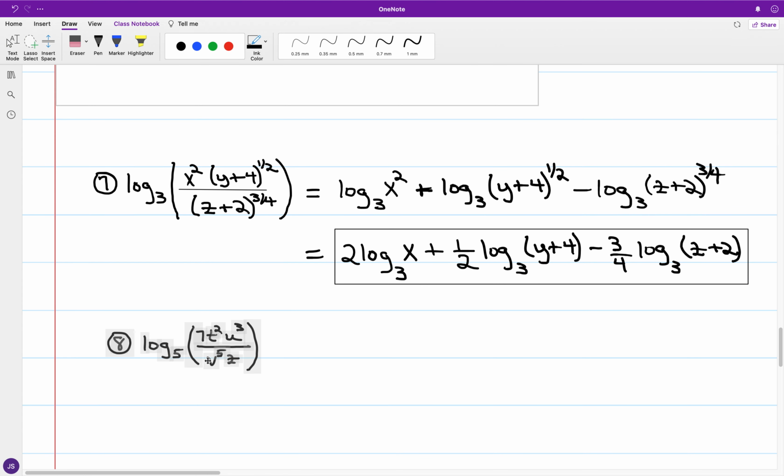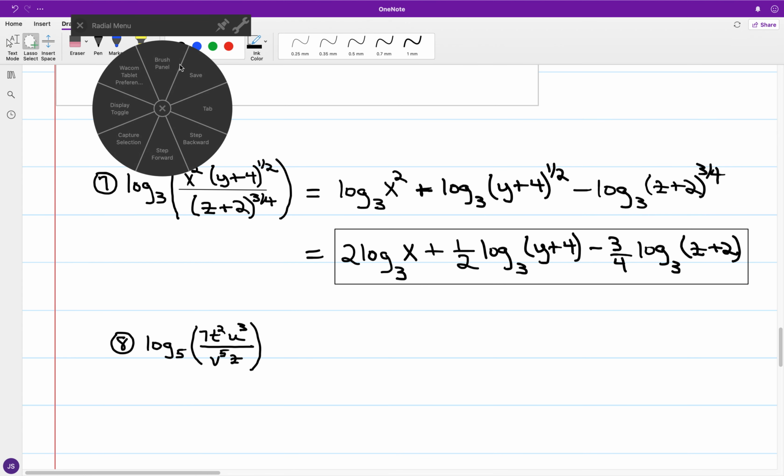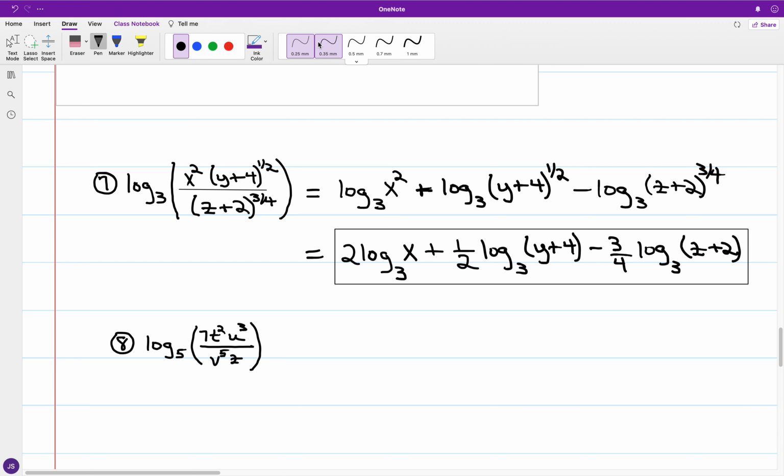So here we have 3 factors in the numerator and 1 in the denominator. And looking at expanding, we have the base 5 logarithm of 7, plus the base 5 logarithm of t to the second, plus the base 5 logarithm of u to the third.